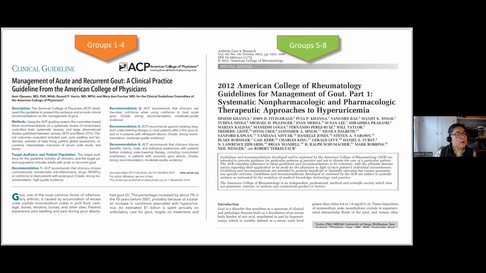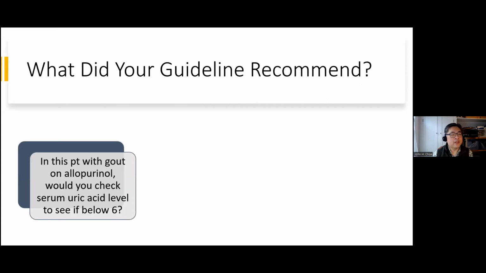So someone in the ACP group, what did your guideline recommend? So in your patient with gout on allopurinol, would you check serum uric acid level to see if below 6? Someone from the first half with the ACP ones, tell us what their guidelines suggested. Sounds like the data for that was insufficient.